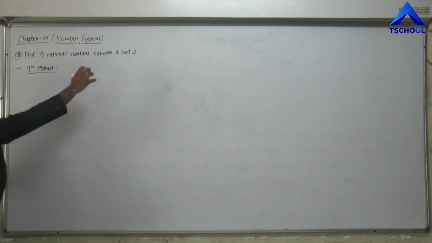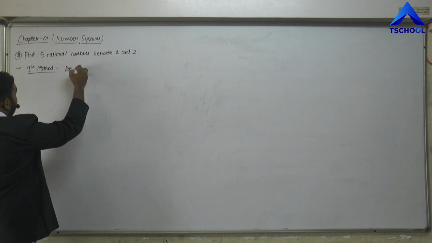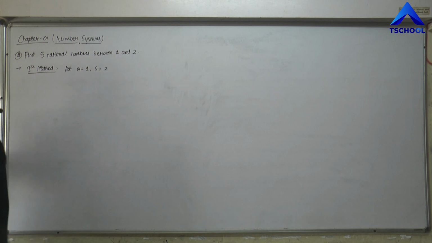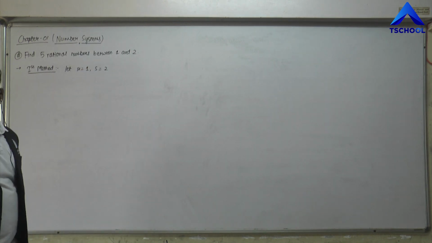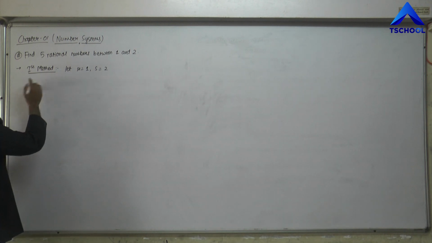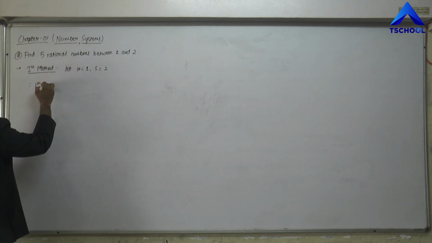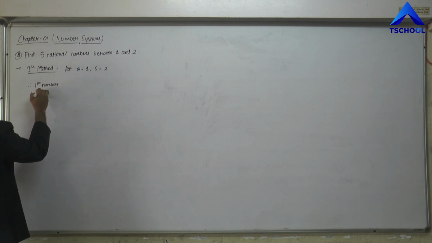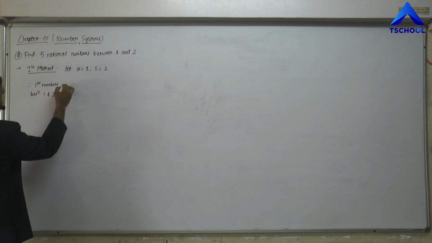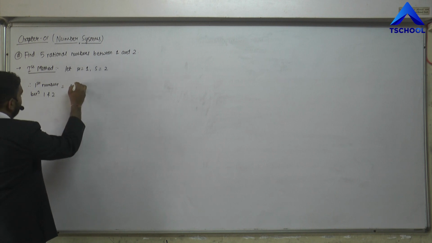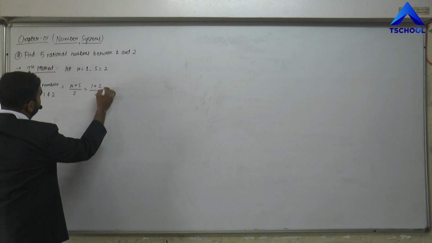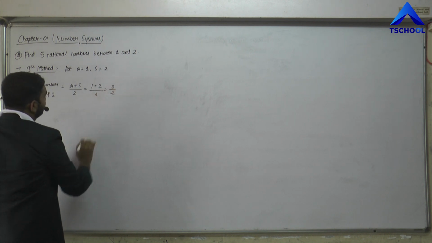Now it goes like here, let r equal 1 and s equal 2. So the first number between 1 and 2 is (r plus s) by 2, that is (1 plus 2) by 2, which equals 3 by 2.